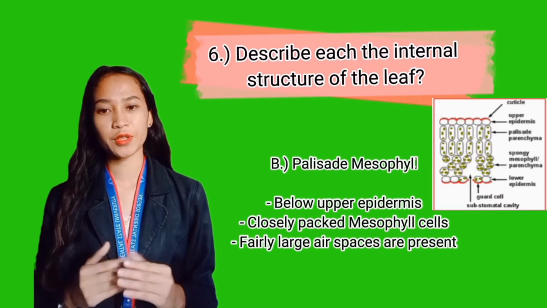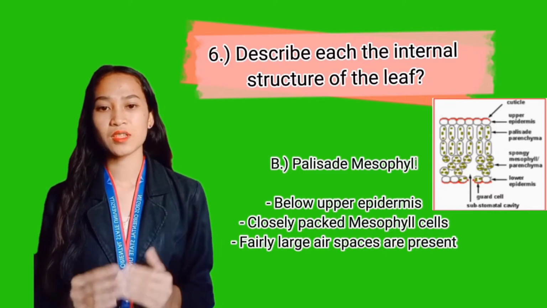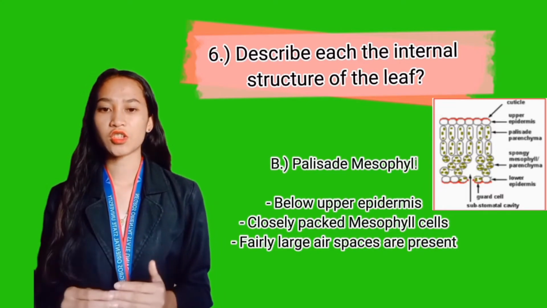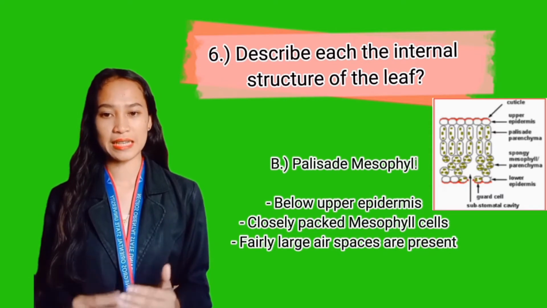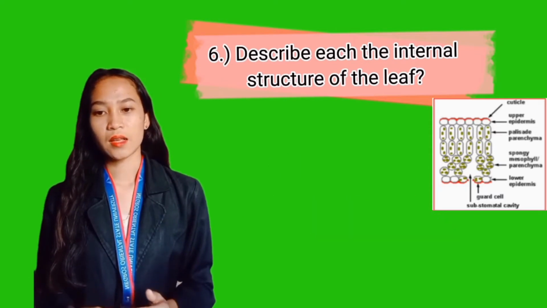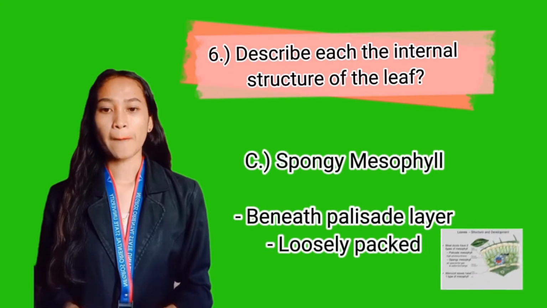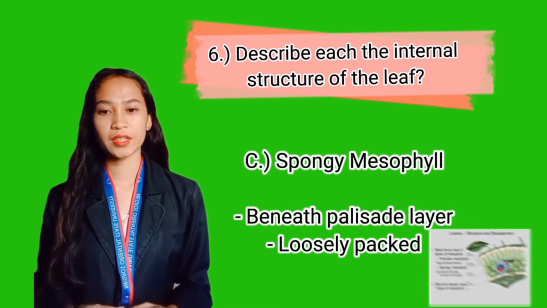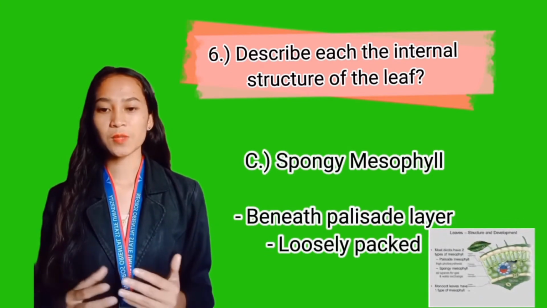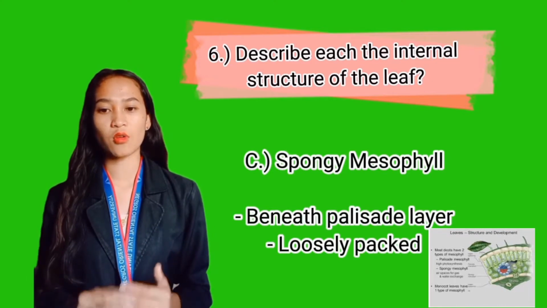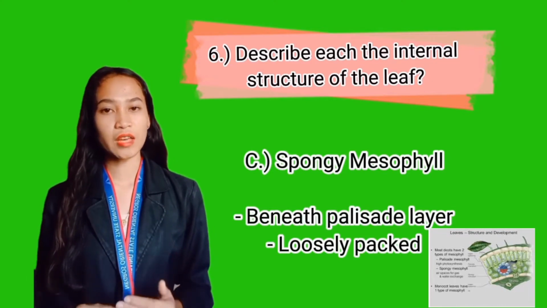Below the upper epidermis, closely packed mesophyll cells, and fairly large air spaces are present. Third is spongy mesophyll. Beneath the palisade layer, loosely packed air spaces in the mesophyll layer allow oxygen out and carbon dioxide in.